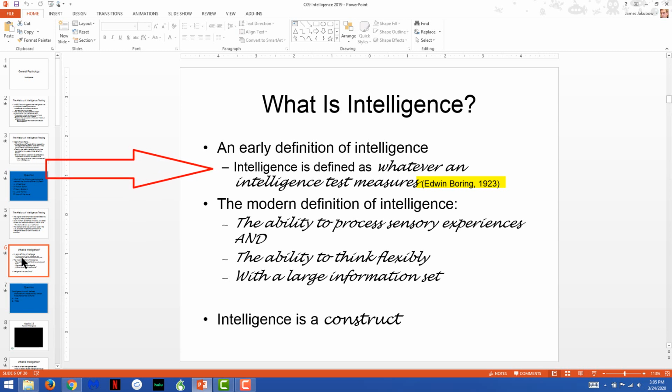And notice, if he made this definition in 1923, it was because 7 years since 1916, intelligence tests have existed, but there has not actually been any clear and well-accepted definition of intelligence. This definition that Boring made was actually done out of frustration, which is actually something back in the 1920s psychologists would have recognized. Defining intelligence as whatever an intelligence test measures is really a definition out of frustration.